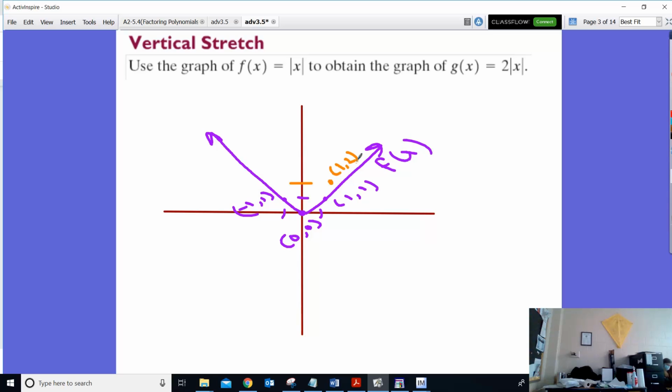What's it become? Negative 1, 2. Can you change 0, 0 if you double the y value? No. There's the child. Slope is just twice that of the mom. That's all you do, kids.